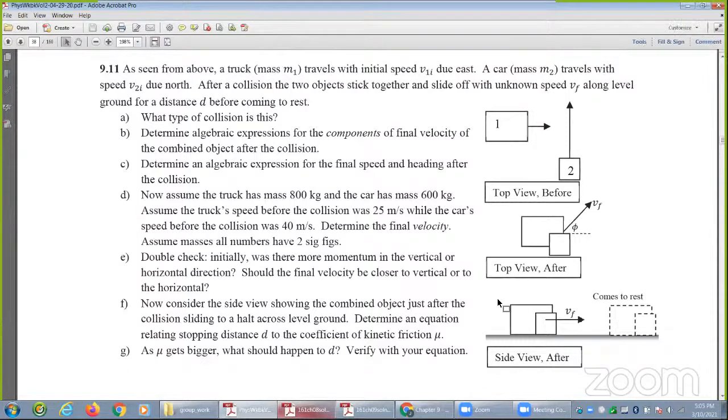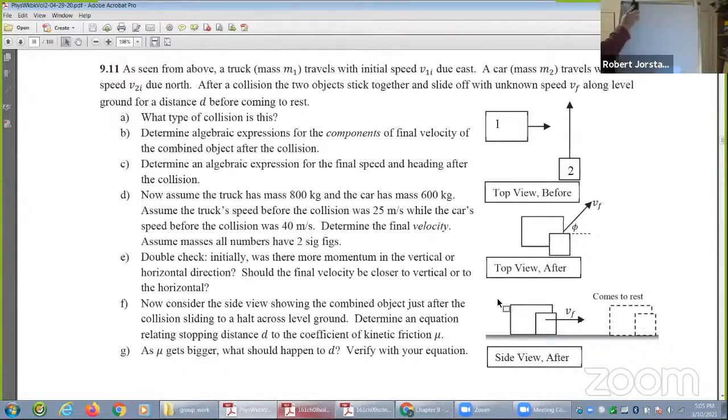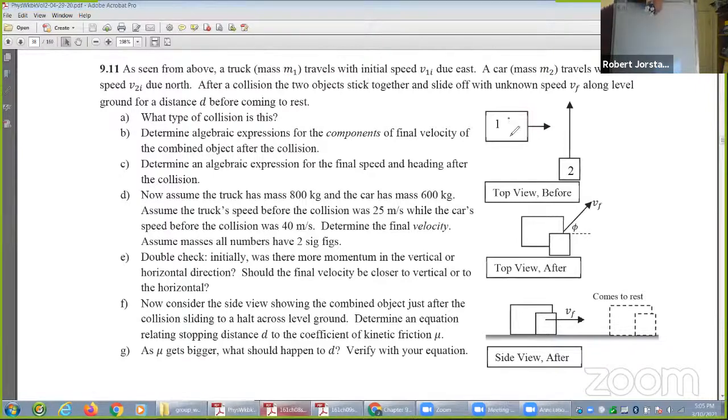So this one's a little bit trickier, but the process is identical. 9.11. So notice I actually have several pictures here. So we have a truck and a car, and they're going to smash into each other. This is the truck, and this is the car.